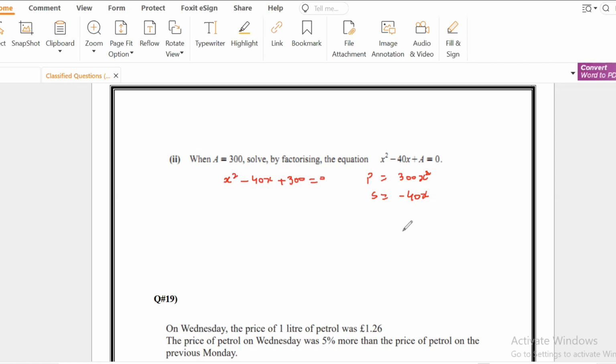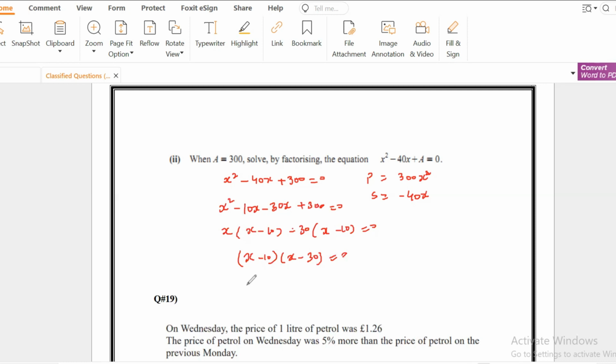So 30 multiplied by 10 gives us 300, and 30 plus 10 gives us 40. So we have to take both negative, like x squared minus 10x minus 30x plus 300 is equal to 0. If we take x common, it would be x minus 10, and here minus 30 common, so x minus 10, which is equal to 0. So x minus 10, x minus 30 equals 0.